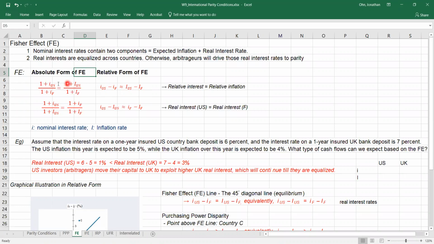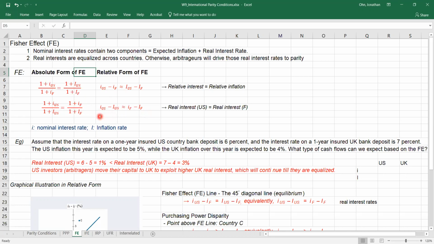This is the numerator here, and this is the approximation. So what do you see? i US minus i UK, this is relative interest. Relative interest is equal to relative inflation. Now, this one derives from there, but the one that derives from here makes more sense.